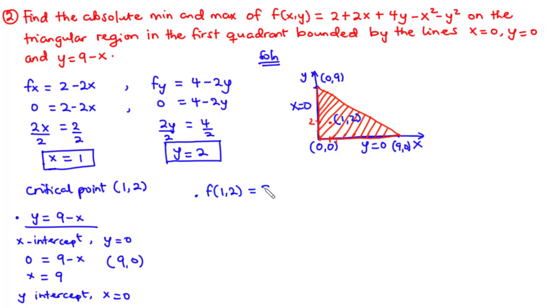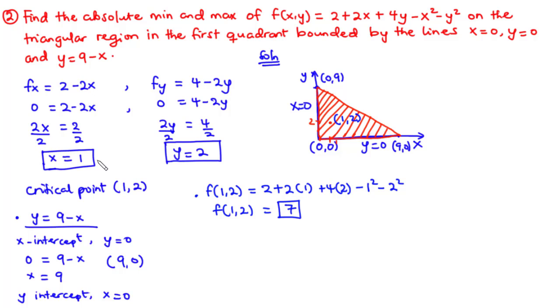So we have 2 plus 2 times 1 plus 4 times 2 minus 1 squared minus 2 squared. Now 2 plus 2 is 4, plus 8 is 12, minus 1 is 11, minus 4 is 7. So f(1, 2) is equal to 7. This is the value of the function at the critical point.